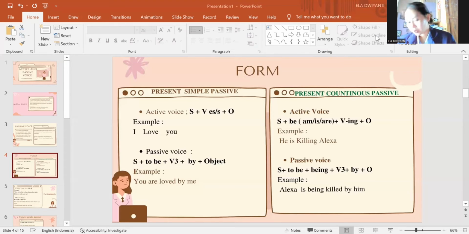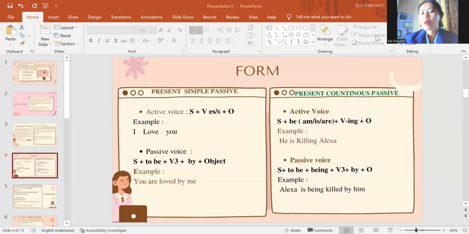And in the passive voice, the pattern is subject plus to be, like am, is, are, in the present simple, plus verb three, followed by the preposition by and the object.